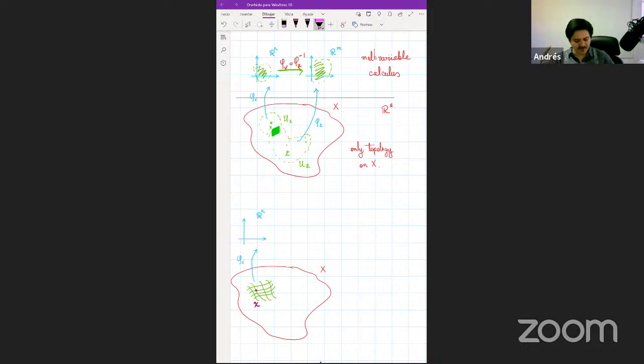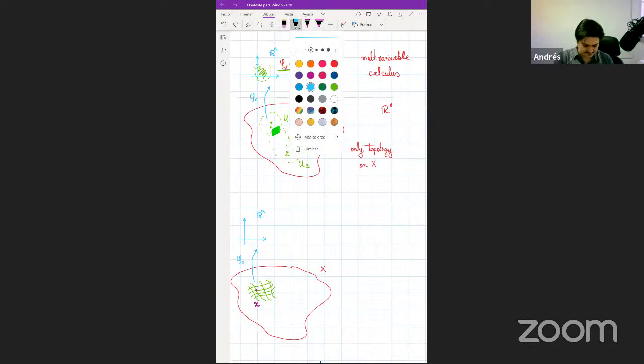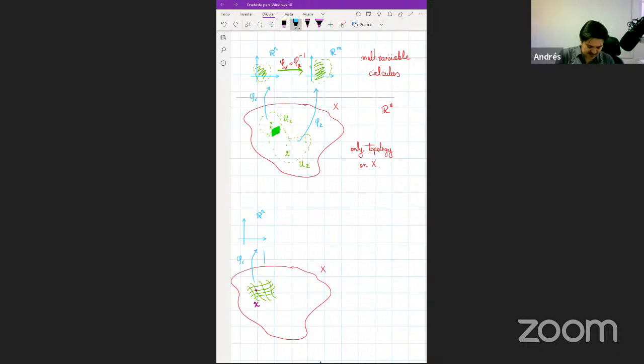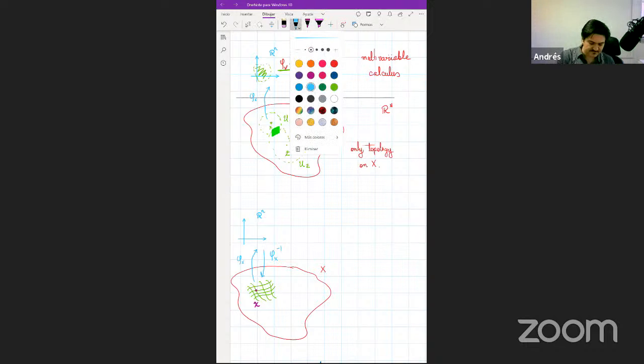You can also think about this map because it is a homeomorphism. You have a continuous map here, right? Which is defined only on some open set.